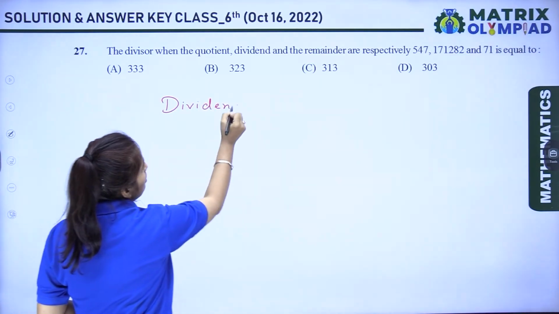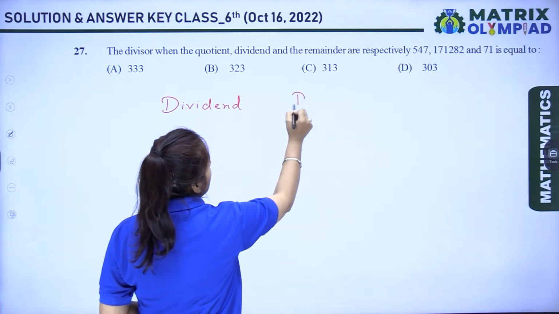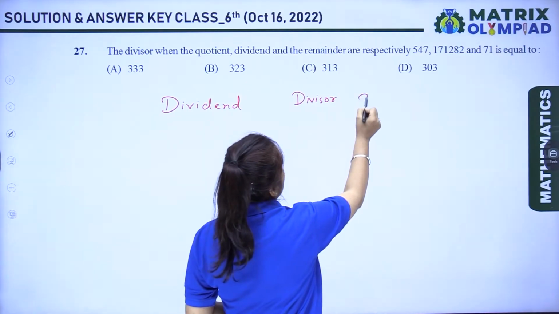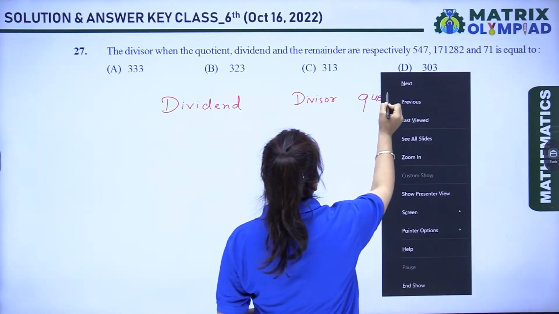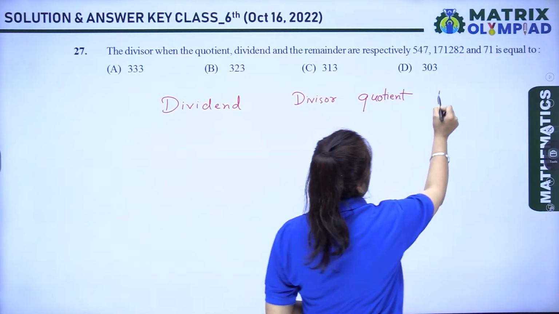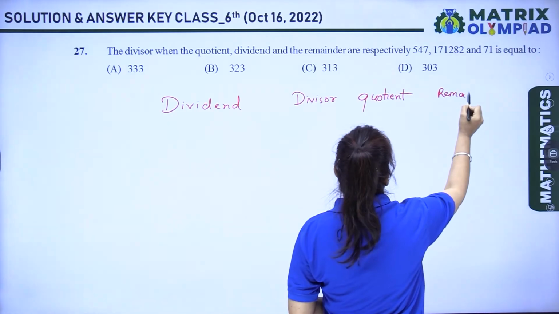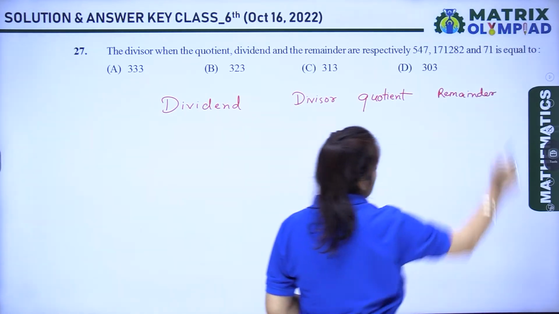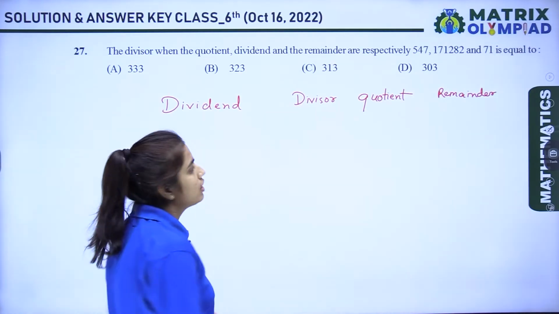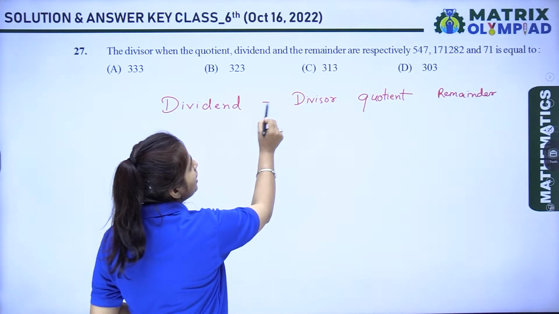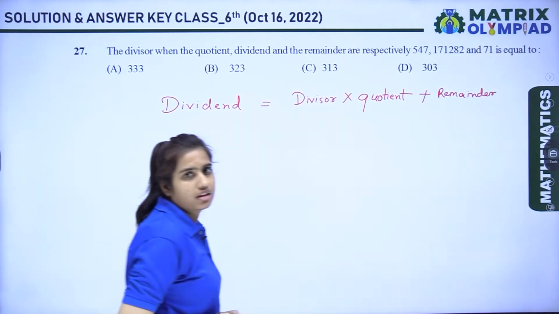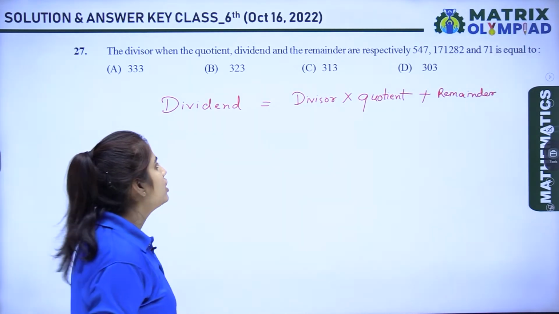We have to find the divisor. So, applying the formula, we have to find out the divisor. The formula is dividend is equal to divisor multiplied by quotient plus remainder. So, this is the formula to find out the divisor.